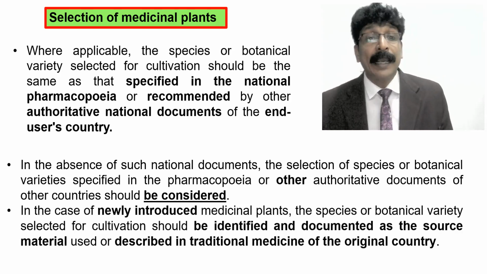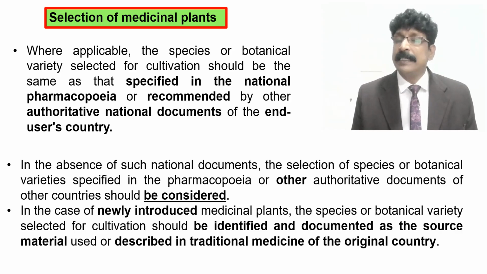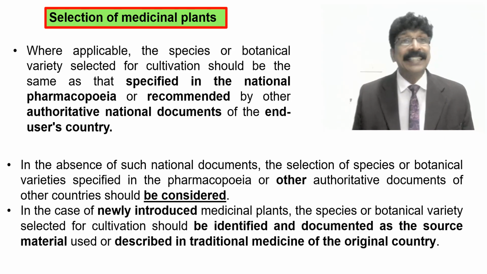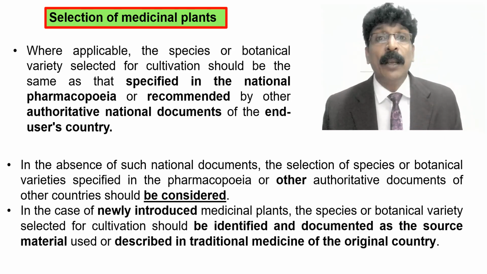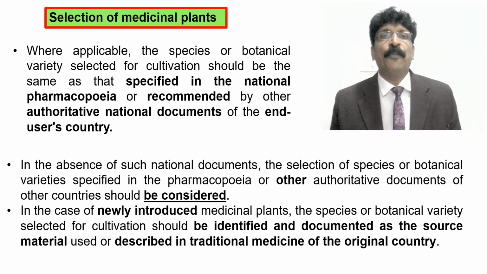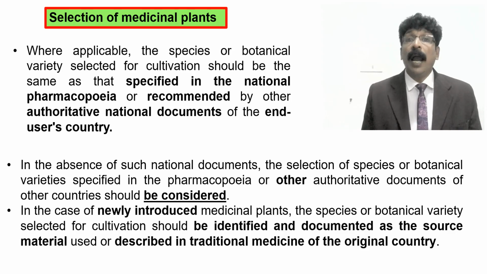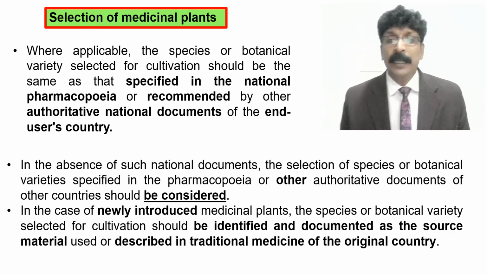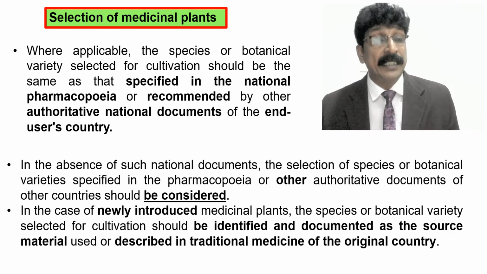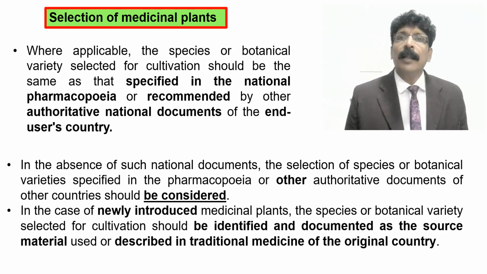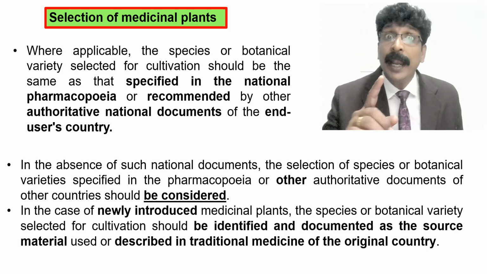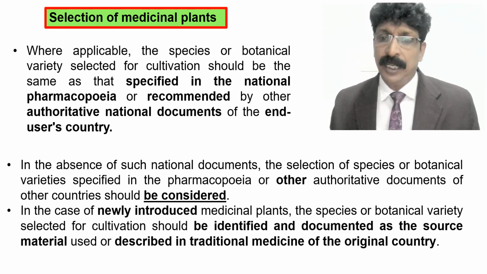In the case of newly introduced medicinal plants, the species or botanical variety selected for cultivation should be identified and documented as the source material used or described in traditional medicine of the original country.